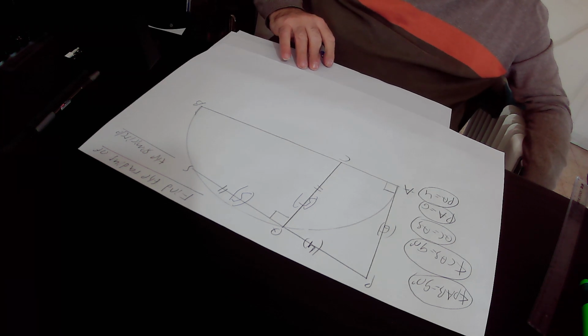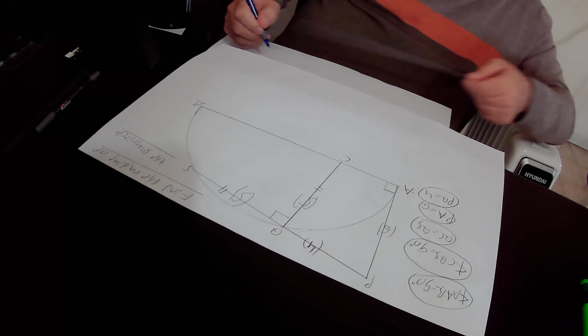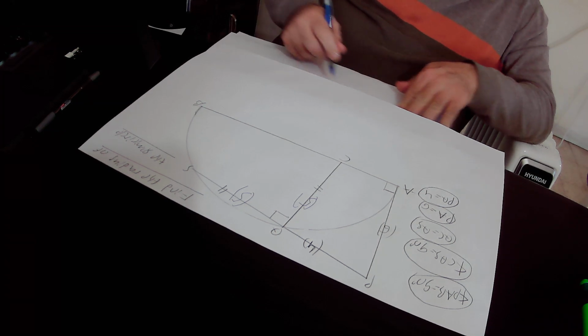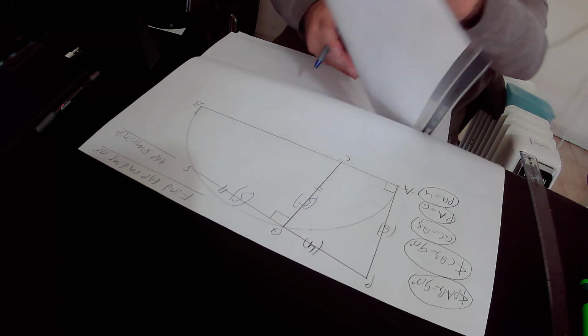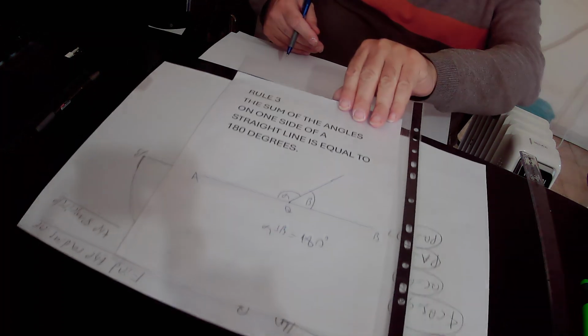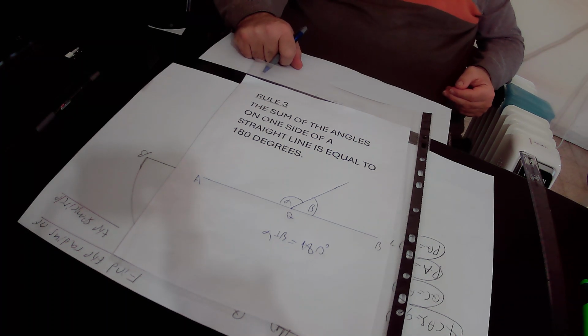The next step, I present to you rule number 3, and we will implement rule number 3 in our drawing. According to rule number 3, the sum of the angles on one side of a straight line is equal to 180 degrees.